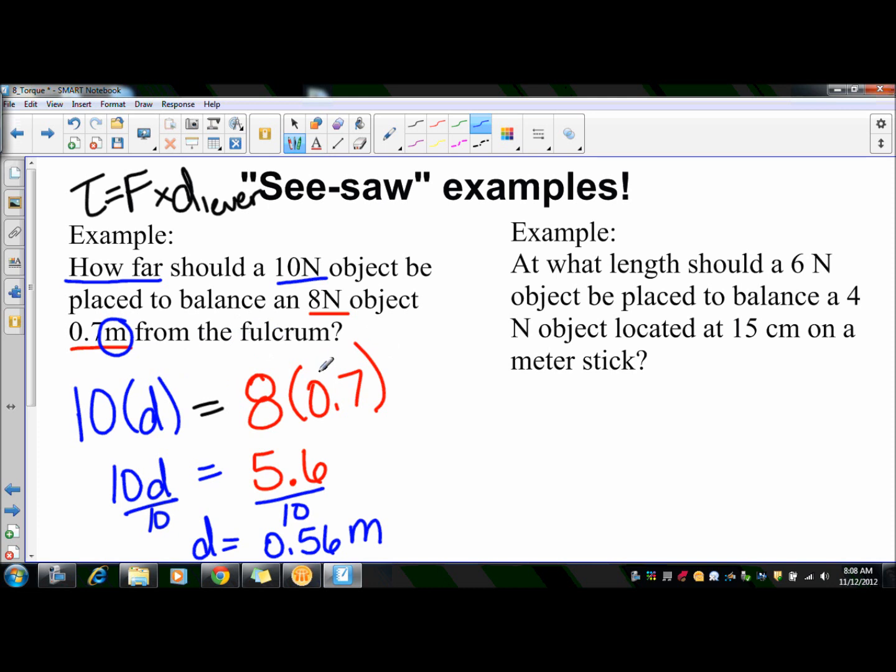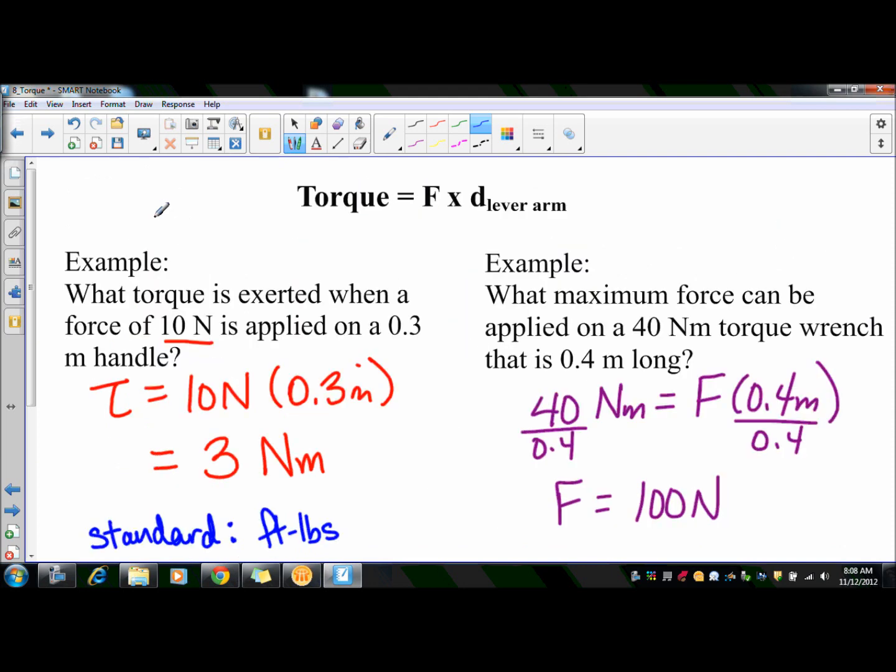These can both be in meters. They can both be in centimeters. They can both be in kilometers. It doesn't matter as long as they're the same. If you're doing just a straight up example, like here, force has to be in newtons and the distance has to be in meters because you need that unit of Newton meters.